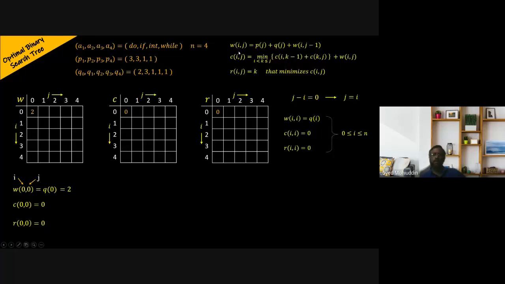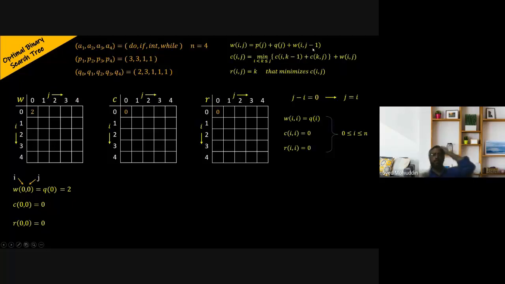Now the equation for the weight: w(i, j) is the probability of the jth node of successful search plus the probability of unsuccessful search for the jth node plus w(i, j-1).